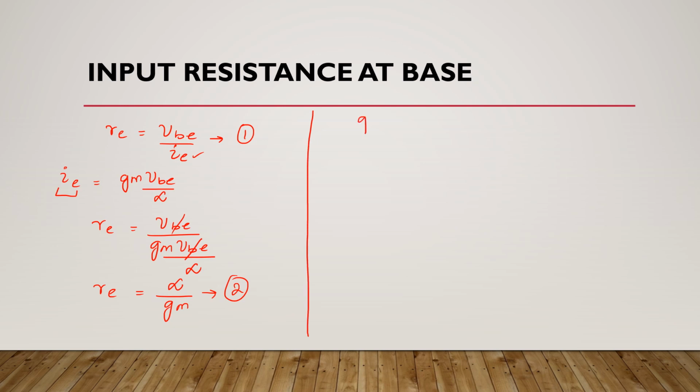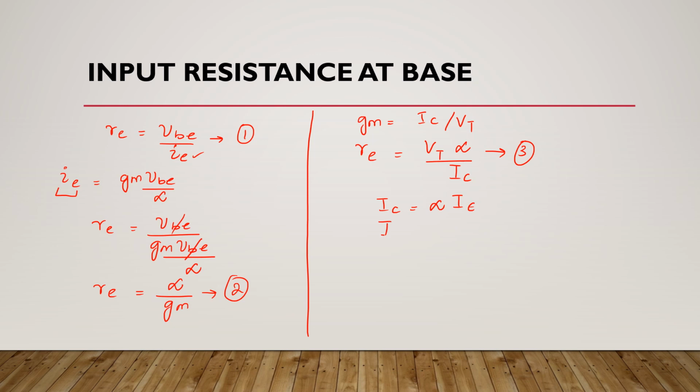Now we know that gm is equal to IC divided by VT. Now in this case, equation number 2 becomes re is equal to Vt alpha divided by IC. This is equation number 3, and this equation shows that this resistance is inversely proportional to DC collector current. Now we know that IC is equal to alpha IE.